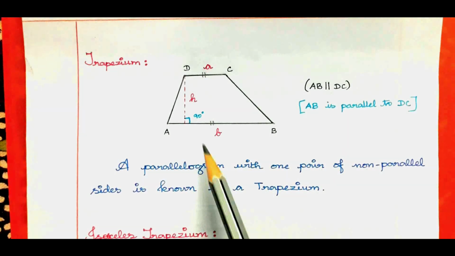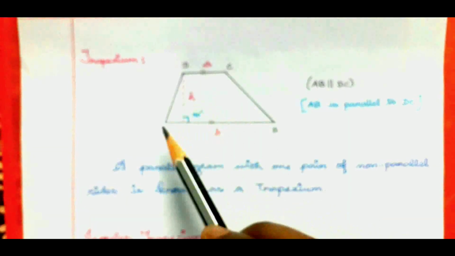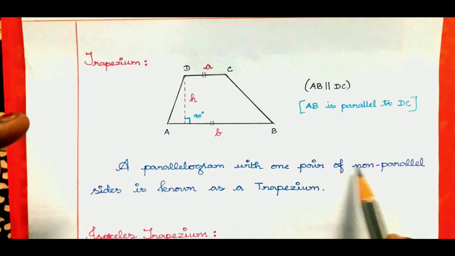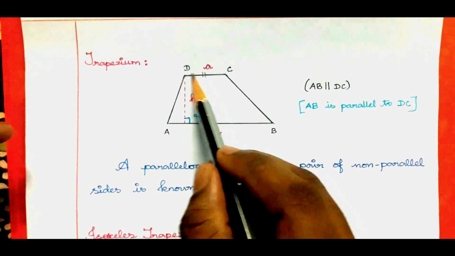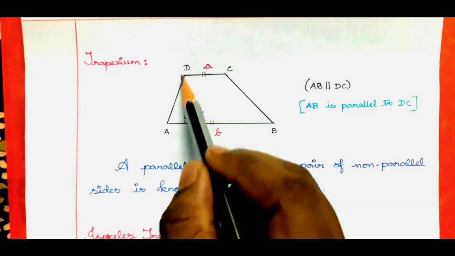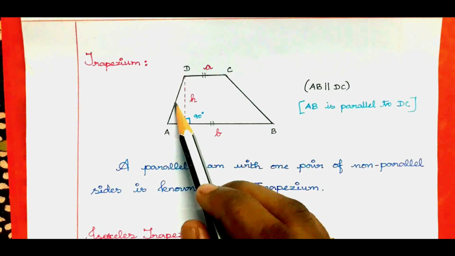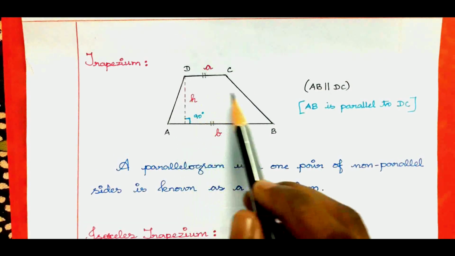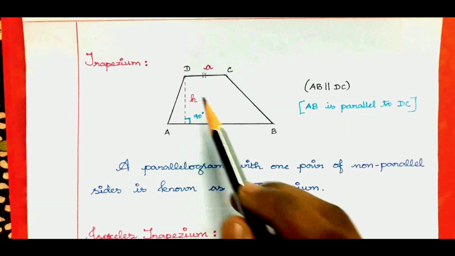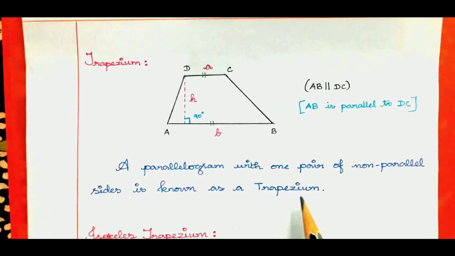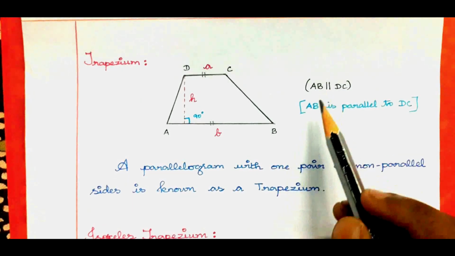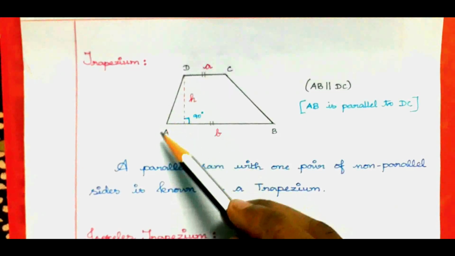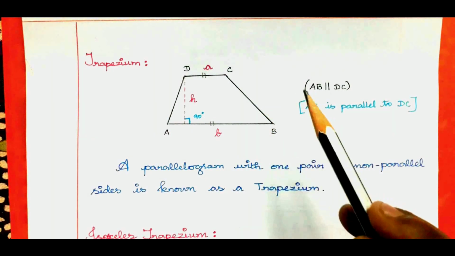But here, in this structure, one pair of sides is parallel and the other pair is non-parallel. So when a figure has one pair of parallel sides and the other pair non-parallel, that figure is nothing but the trapezium. So here in the trapezium, AB is parallel to DC and AD is not parallel to CB. Clear?